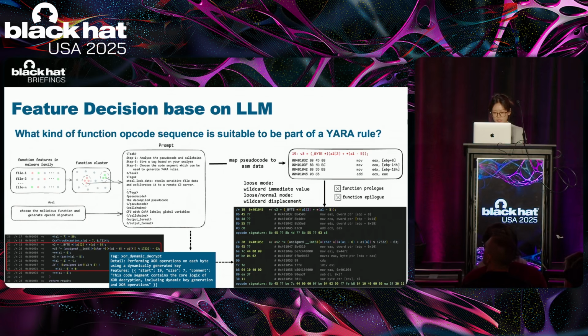So like YARA-Gen and AutoYARA, which look for common strings or shared binary bytes, we first cluster the functions across family samples with the SSDEEP hash of function content. Then we pick the cluster centers as representative functions and feed them into the LLM for analysis.